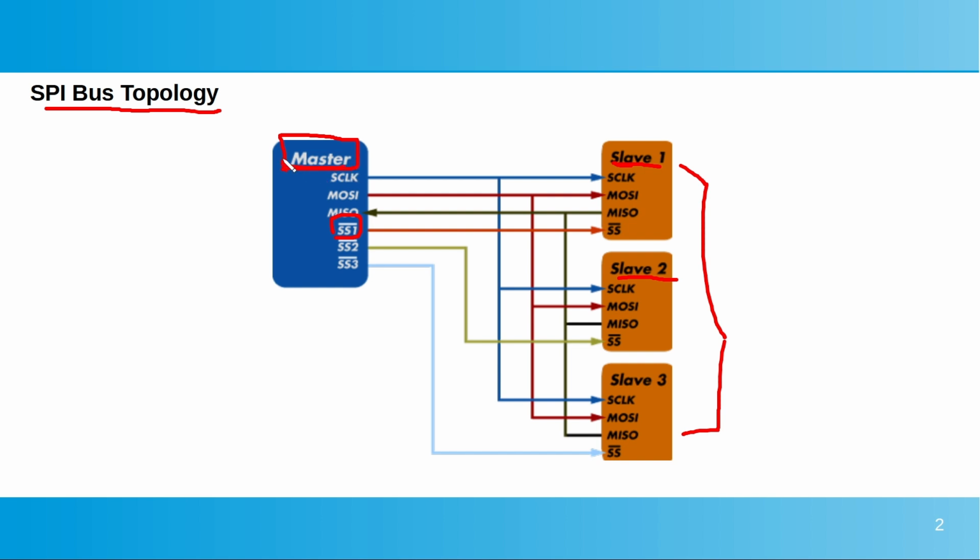If we want to communicate with the slave number 1, then we need to pull down the slave select pin number 1. If we want now to communicate with the slave number 2, then we need to put back the slave select pin number 1 up and pull down the slave select pin number 2. The same sequence for the slave number 3. So this line is active low.